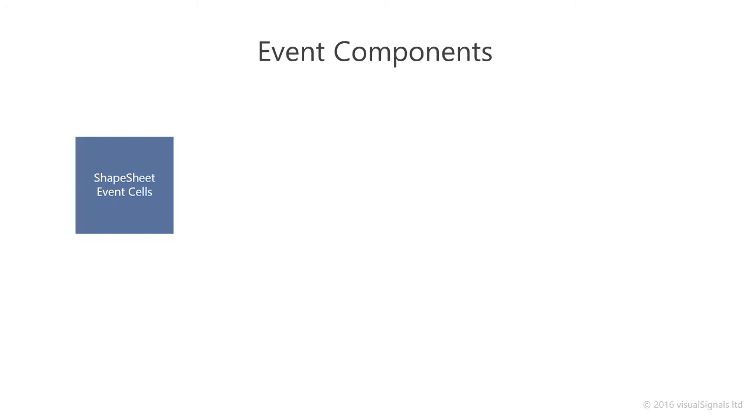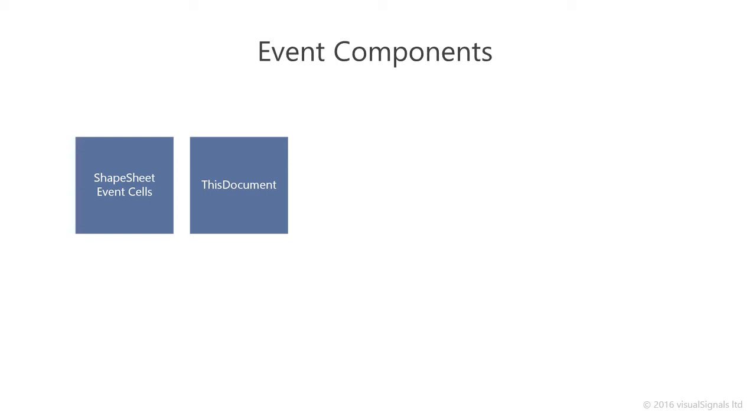Before I start, let's just get a quick overview of all the working parts. There's a selection of event cells in the shapesheet that allow you to respond to certain events directly within the shapesheet. In VBA, there's the ThisDocument class module that comes pre-wired with all of the document events.